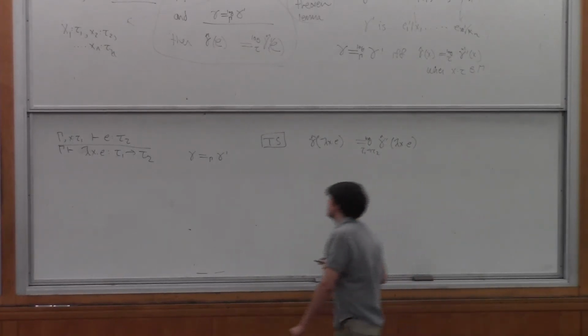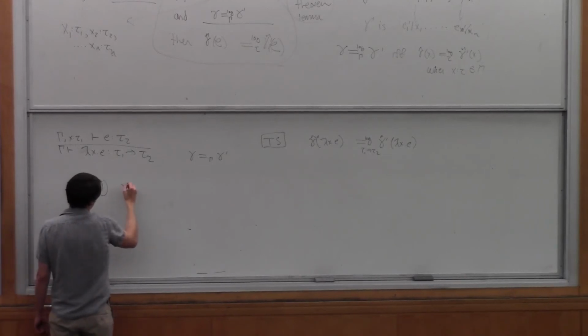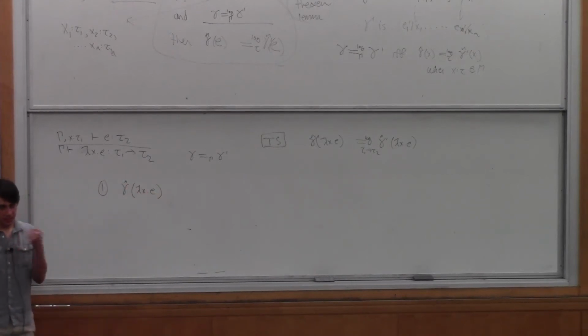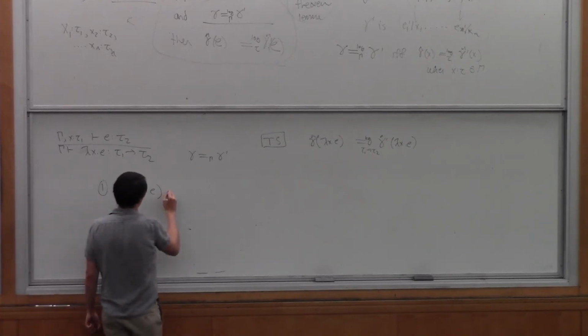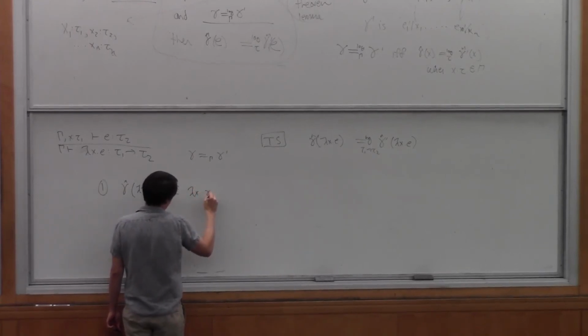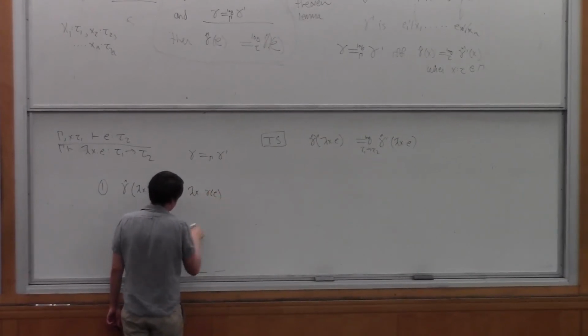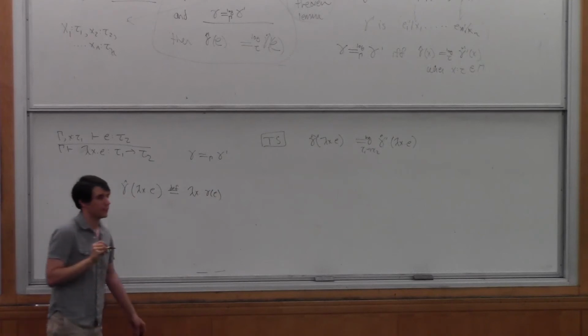Okay? So there's two moves we need to make here. One, what is a substitution into a function? There's a little bit of messing around with variable binding that we have to do here, but the definition is essentially this. It's the function that applies gamma to e. Okay?